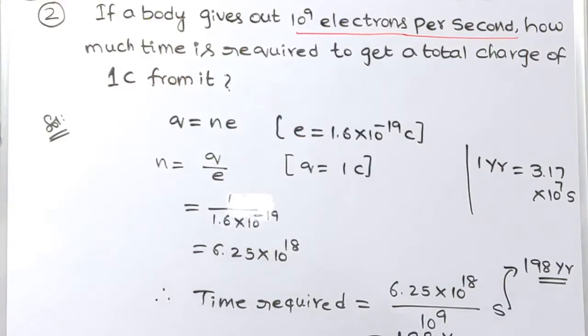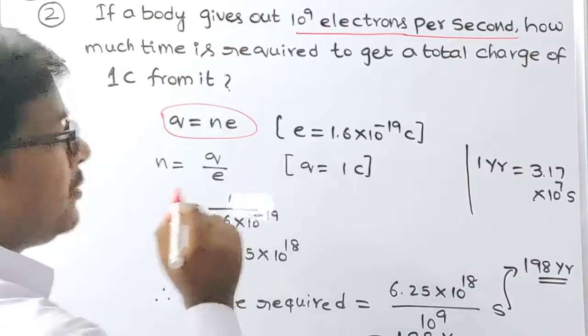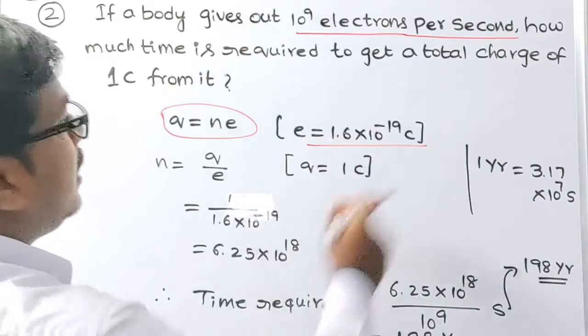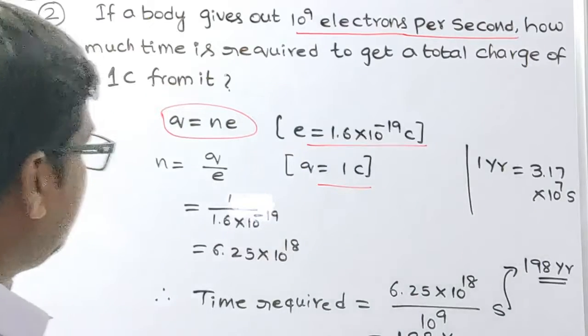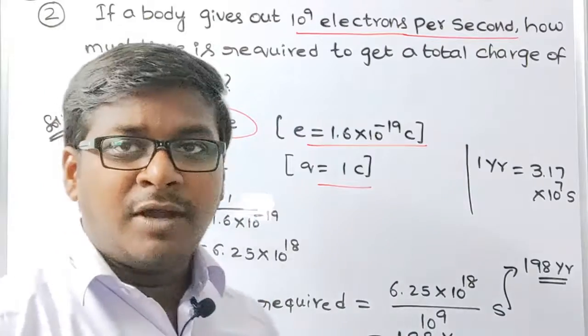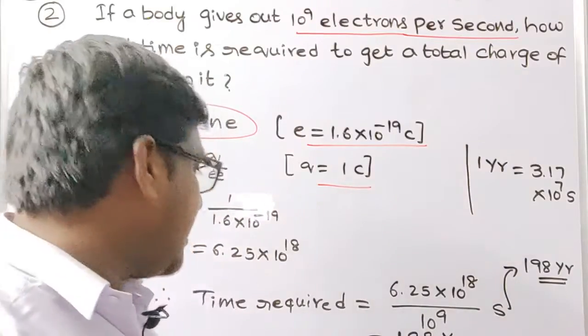Very simple. Q is equal to Ne; the charge is quantized. This formula is very important. The charge is 1 coulomb, and the number of electrons produced in 1 coulomb of charge is 6.25 into 10 power 18 electrons.